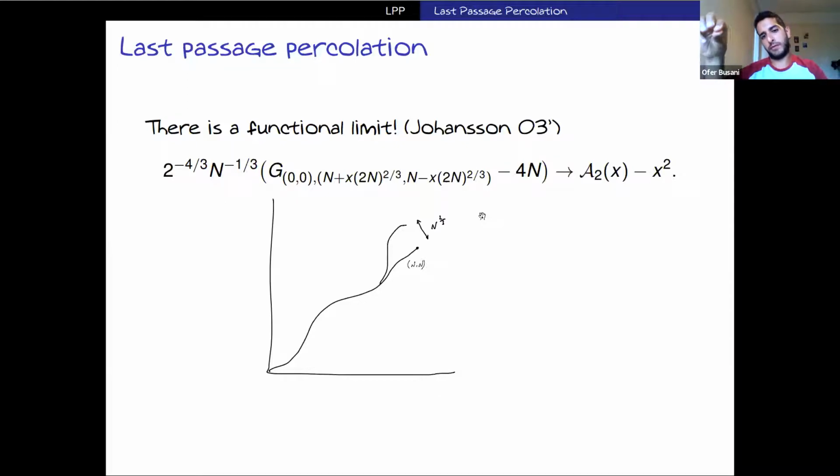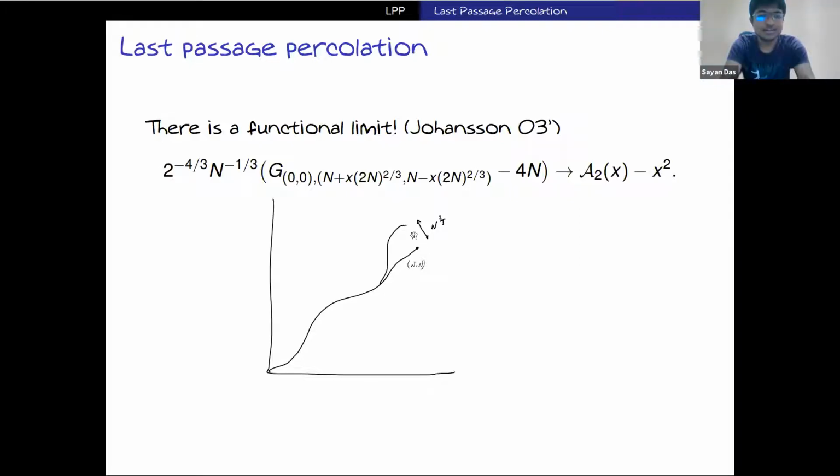So if we fix the point at the origin and the point n, we let n go to infinity, we subtract 4n, then we have these fluctuations, and we know that we converge to the Tracy-Widom distribution. But if we tweak the endpoint along the anti-diagonal that crosses nn at the order of n to 2/3, if we move it like this, can you see my cursor, by the way?